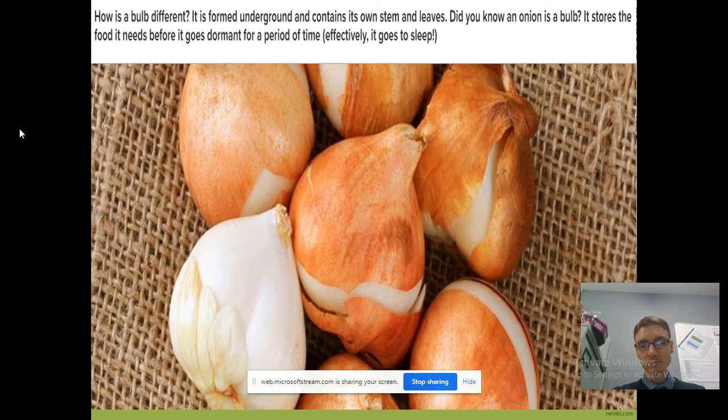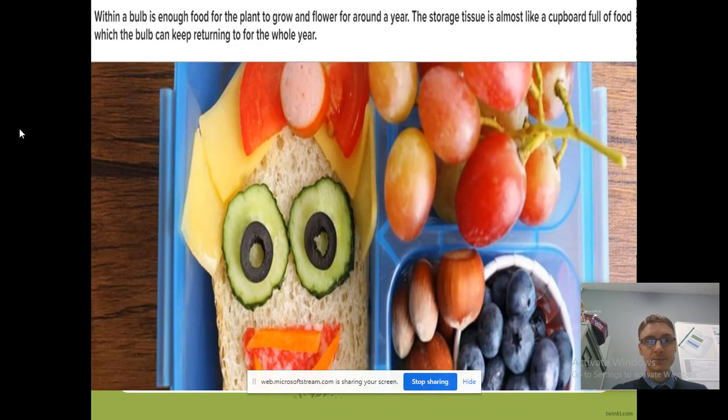Obviously an onion is a bulb. And it says it stores the food it needs before it goes dormant for a period of time. So bulbs almost go to sleep for a while, but all of its energy is within it. So there's enough food within the bulb for it to grow and flower for around a year.